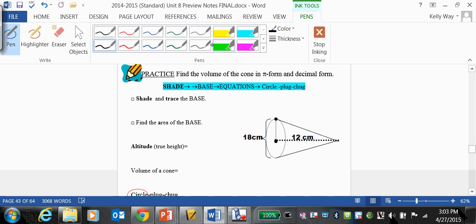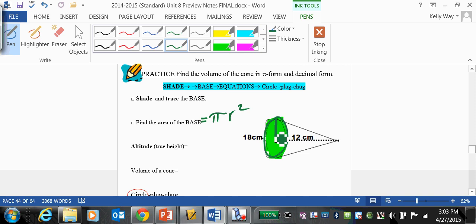Ready? Step 1, let's shade the base. What shape is that? It's a circle. So we write the circle equation, which is pi r squared. Okay, now take a look. Physically trace your radius.